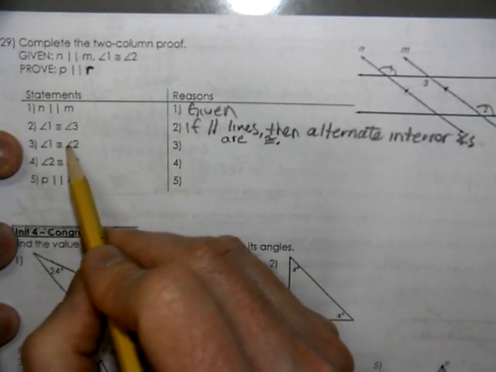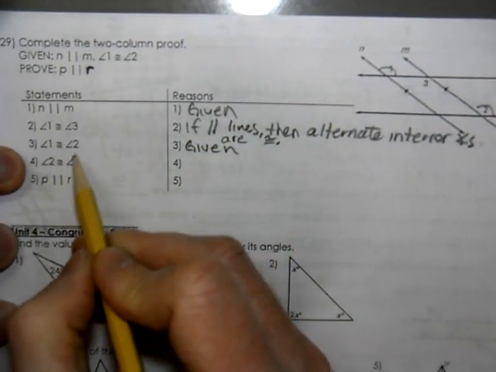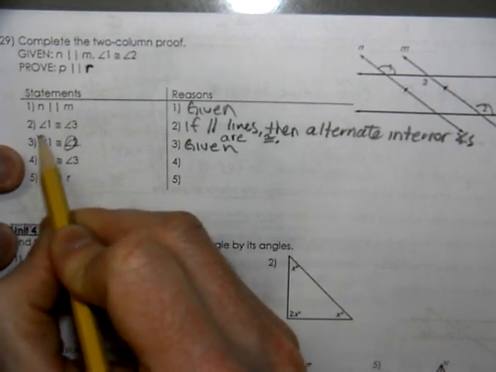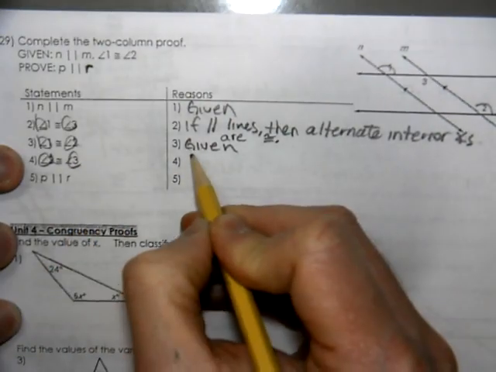The way we know that 1 and 2 are congruent is because that was given. We're going to do that transitive again. A equals B and B equals C, then A equals C.